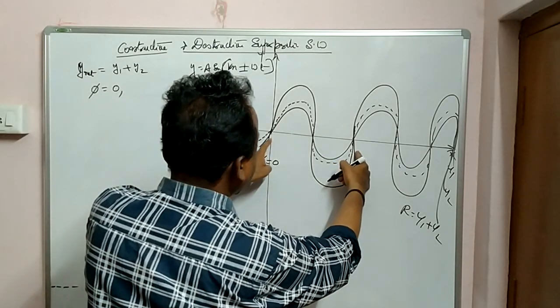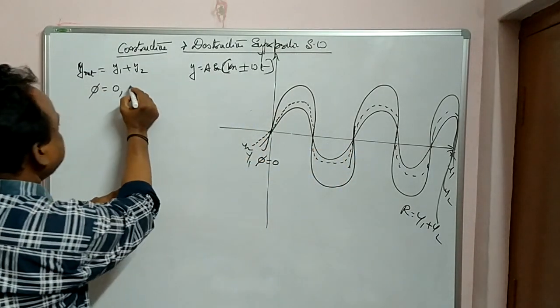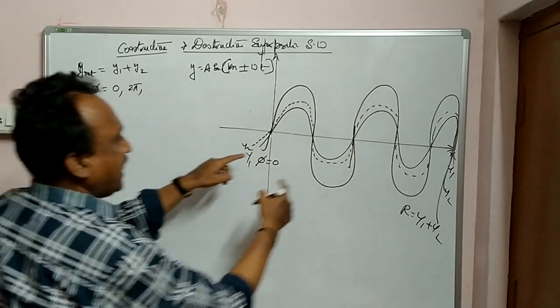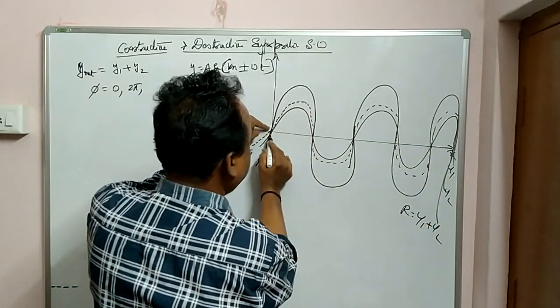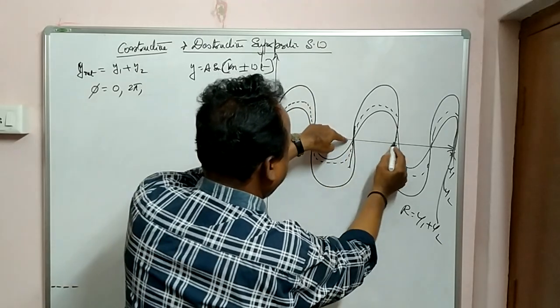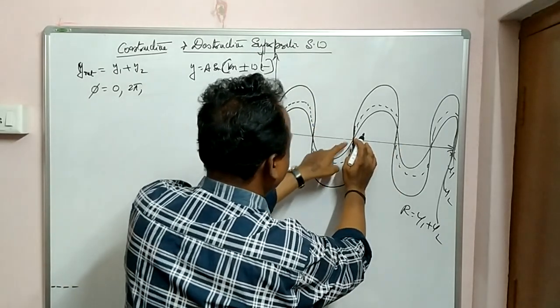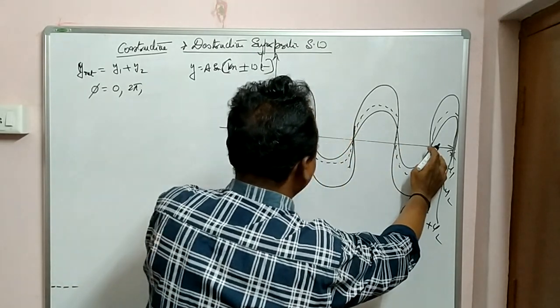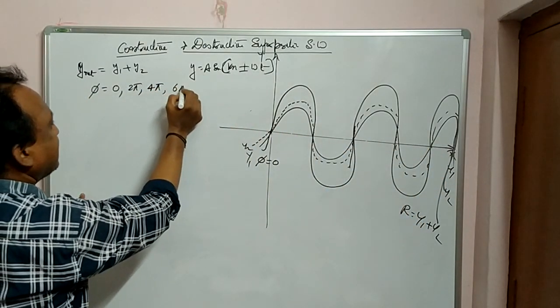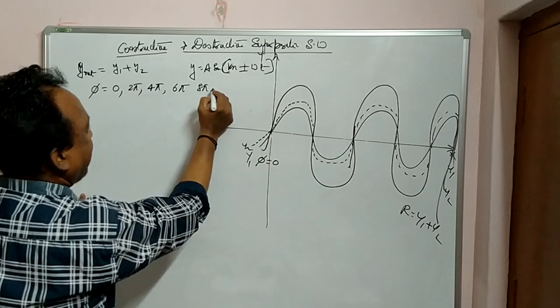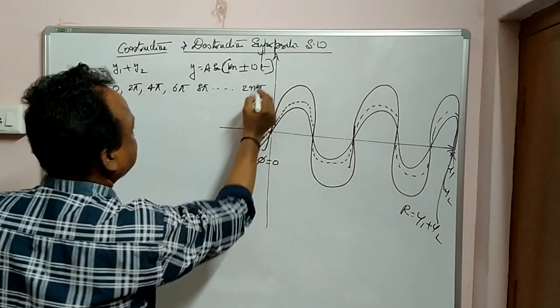Next again you can see pi plus pi, 2 pi. And next again you can see they are starting here. See, ఇక్కడ 0 దగ్గర కలిసారు, మళ్ళీ ఎక్కడ, మళ్ళీ ఇక్కడ, 2 pi, మళ్ళీ ఎక్కడ 4 pi, అంటే if you observe the series 2 pi, 4 pi, 6 pi, 8 pi, dot dot dot 2 n pi.